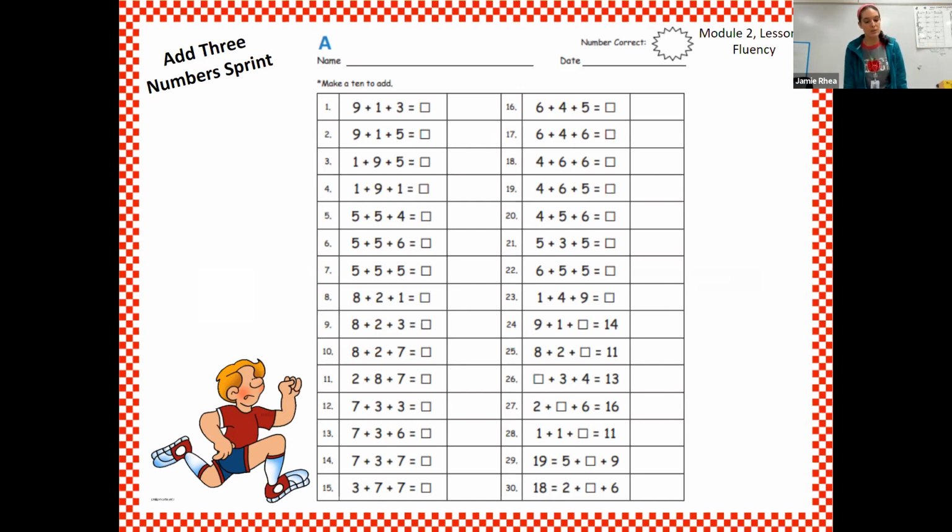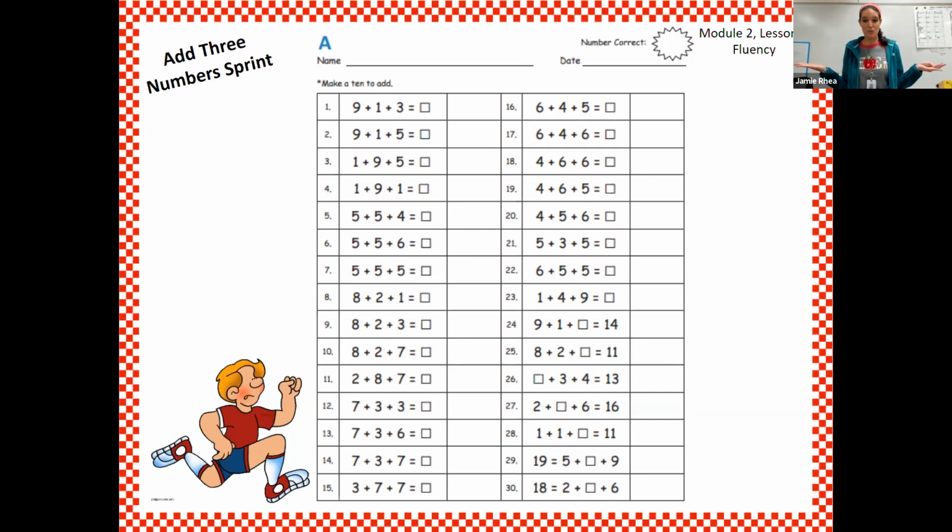What I want your brain muscles to be working on in those 2 minutes is getting as many as you can done correctly, okay? That way, the next time we do it, our brain is thinking, oh, wait, I know how to do this. I bet I can do one more correctly. So your goal is to be better every single time. Now today, if it takes you 2 minutes and you get 5 done, then you just get 5 done, okay?